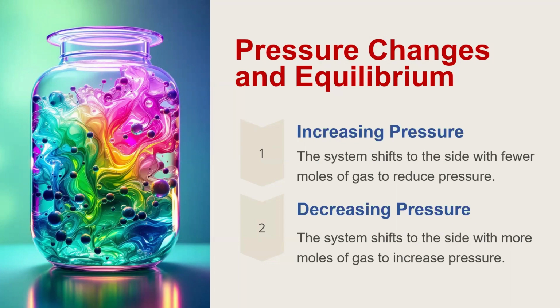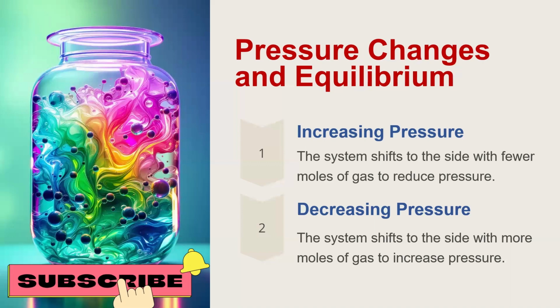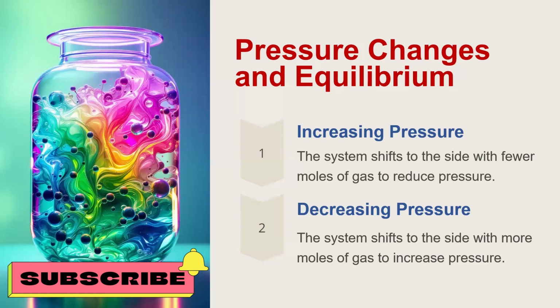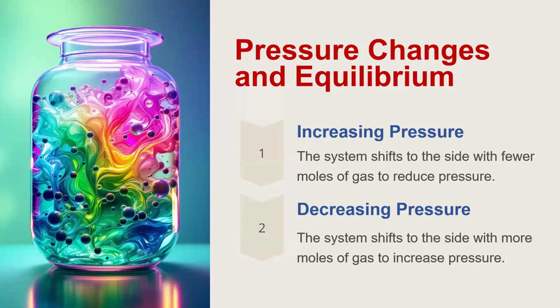Find the direction with the fewer number of moles of gas, because, as you know, fewer moles means fewer collisions and less pressure. So the reaction will favor the direction with fewer moles until the increased pressure is relieved.